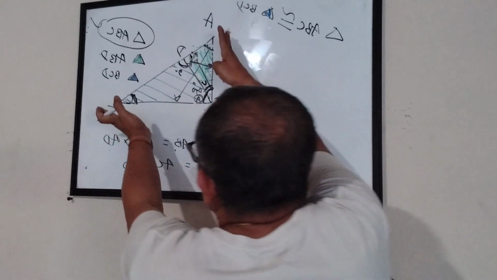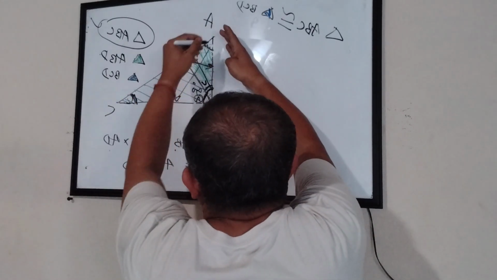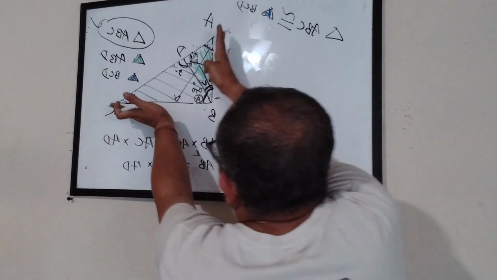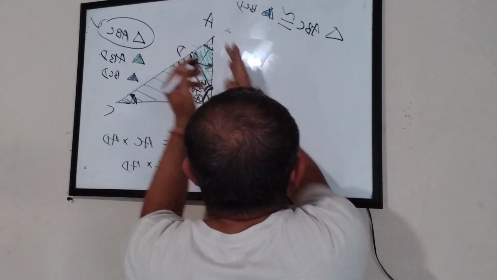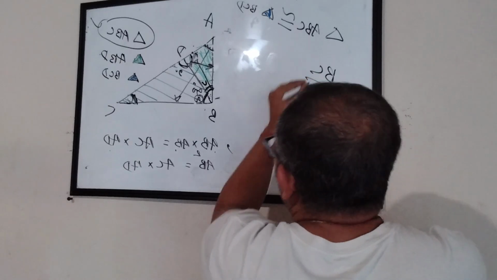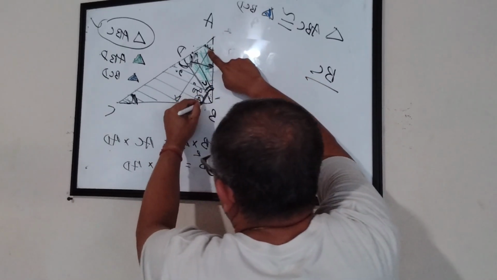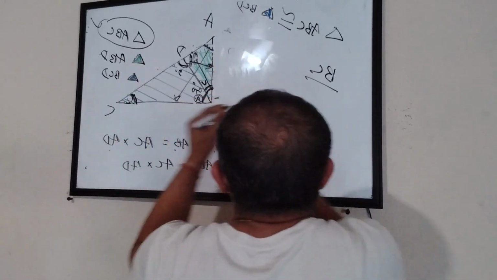So let's pick the large triangle first. Let's take the side BC. So BC is opposite to A. So BC divided by, what is the equivalent angle for A? This one is equivalent to A. Side opposite to that will be BC.